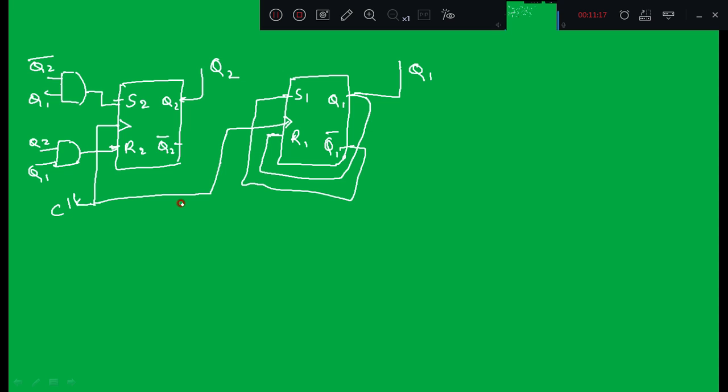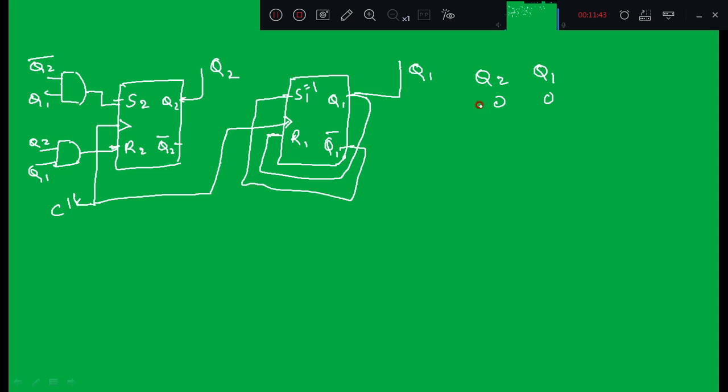Now we will analyze the circuit by assuming the first state as 0 0. When both are 0 0, first we decide the value of Q1. Since S1 is equal to Q1 bar and Q1 is 0, S1 is 1, and R1 is equal to Q1, which is 0.